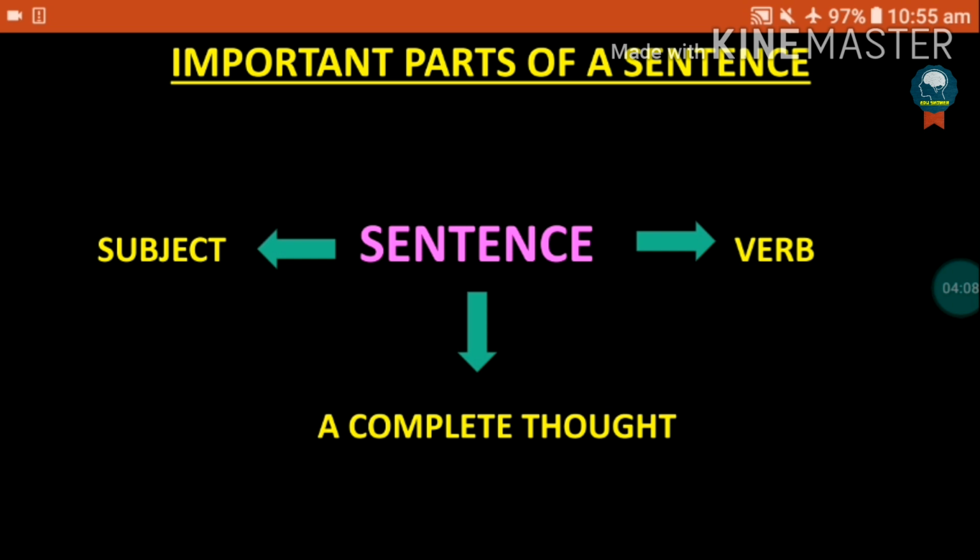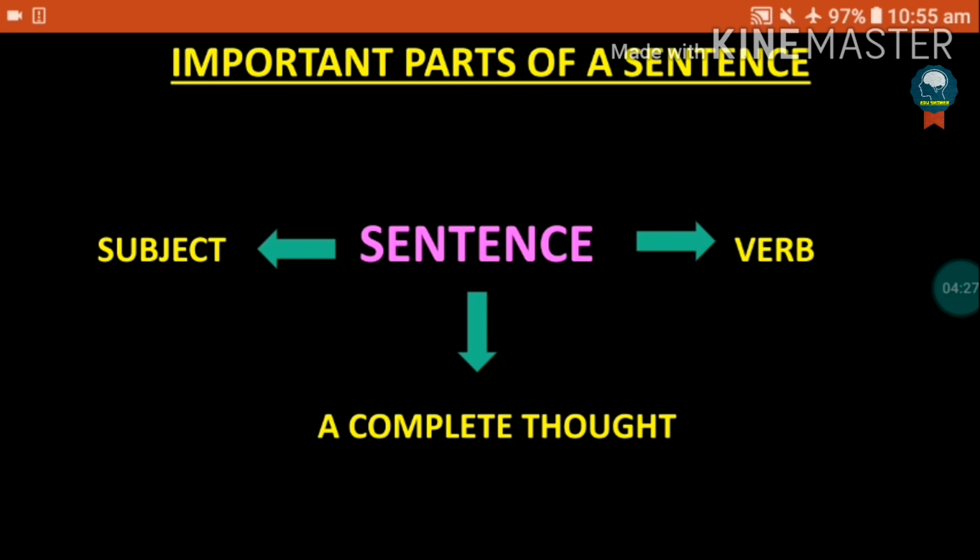So what have we observed from the earlier given examples? We observed that there are 3 important parts of a sentence. जैसे हमारे हाथ, आँख, पैर हमारे बॉडी के बहुत इम्पॉर्टेंट पार्ट्स होते हैं, वैसे ही एक सेंटेंस का इम्पॉर्टेंट पार्ट्स है सब्जेक्ट, वर्ब and a complete thought.